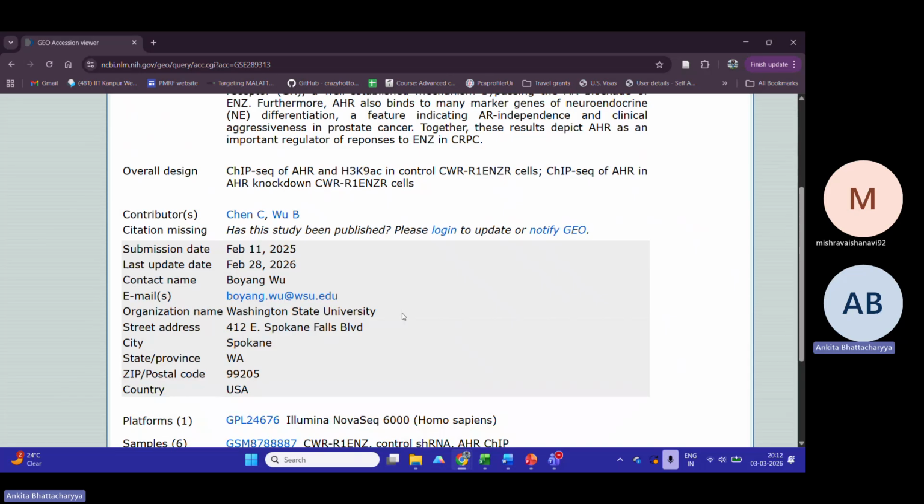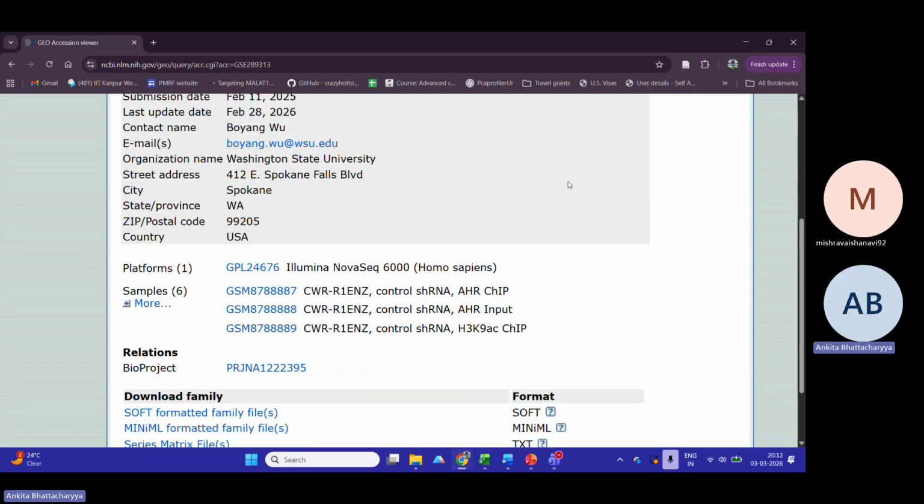Here, for example, the overall design suggests that ChIP-seq has been performed for this particular protein, AHR, and H3K9 acetylation in some control cells, and ChIP-seq of AHR in the knockdown cells. So in control versus knockdown, they have performed ChIP-seq of this particular protein.